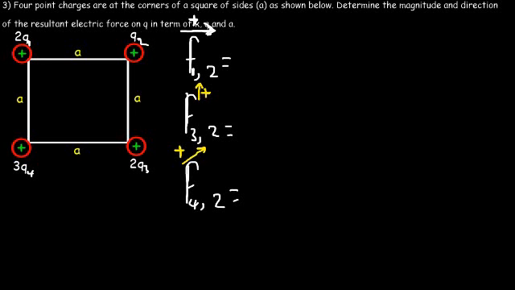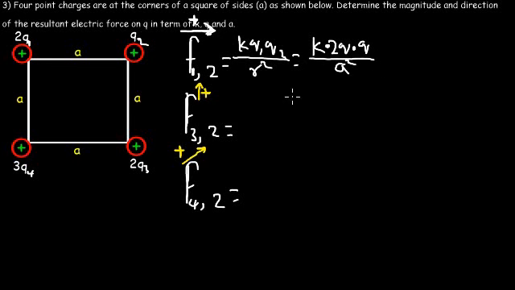First, we need to get the net force of F sub 1, comma 2. F sub 1, comma 2 is equal to K Q1 Q2 over r squared. For this problem, it didn't specify any medium, so we assume it is in vacuum, and we have to leave K like that. Q1 is 2Q, I'm just going to use a dot as product, then Q2 is Q, divided by r, which is a, squared.